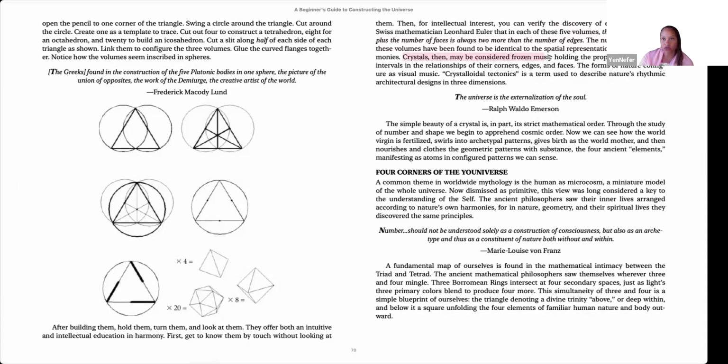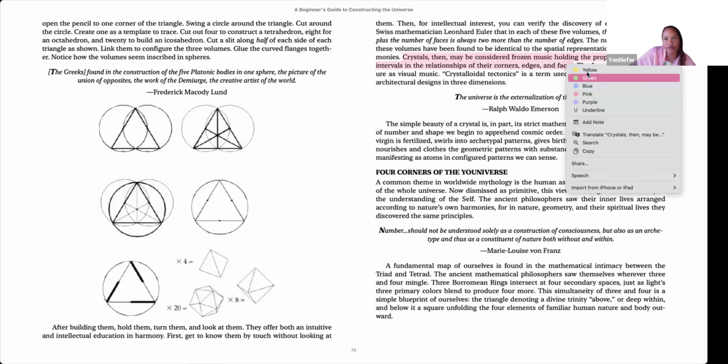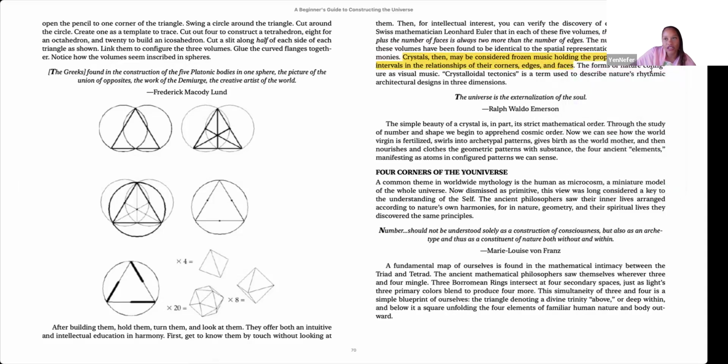Crystals then may be considered frozen music, holding the proportions of musical intervals in the relationships of their corners, edges, and faces. Wow. The forms of nature configure as visual music.